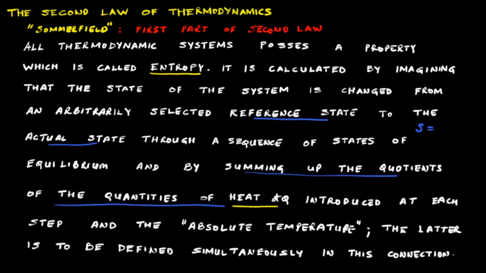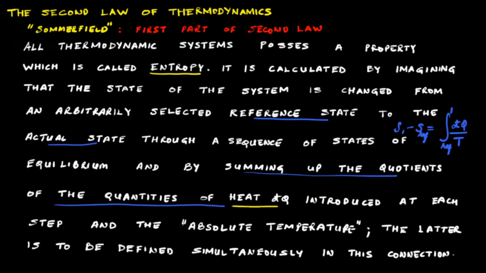So we'll later on show that S is dq over T, and we'll integrate from the reference state to, let's say, the actual state. So we'll get S1 minus S at the reference state is equal to this, and we can define the entropy in terms of the entropy at the reference state. So this is the first part of the second law of thermodynamics.